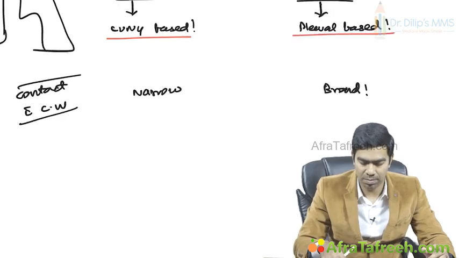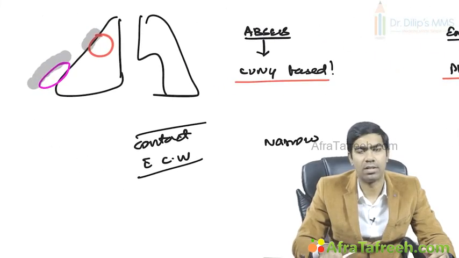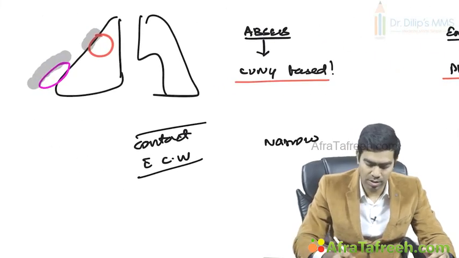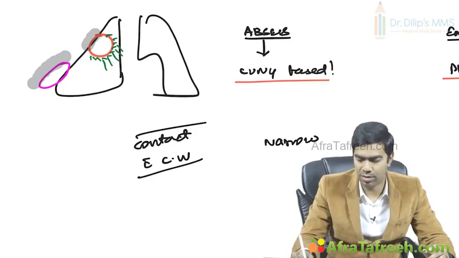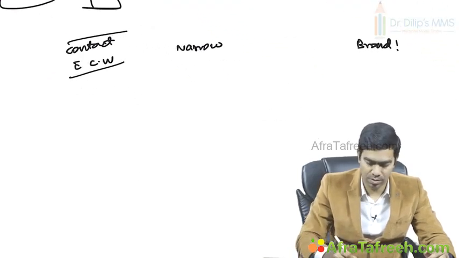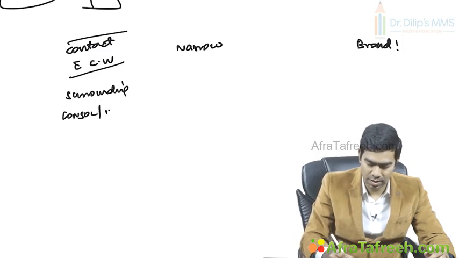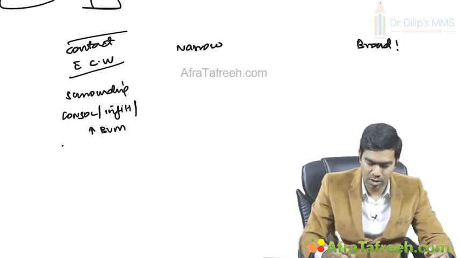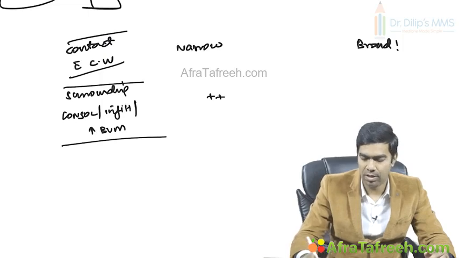Obviously, since it's parenchyma based, a lung abscess is going to result in surrounding consolidation and maybe increased bronchovascular markings also. So, presence of surrounding parenchymal changes. What are the surrounding parenchymal changes? Like consolidation, infiltrations, increased bronchovascular markings. All these things are very common in a lung abscess.